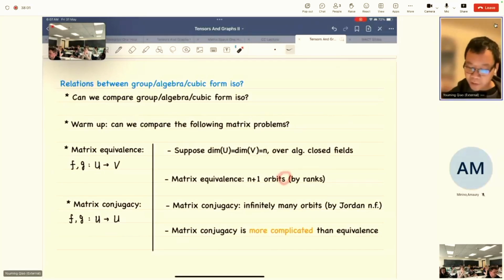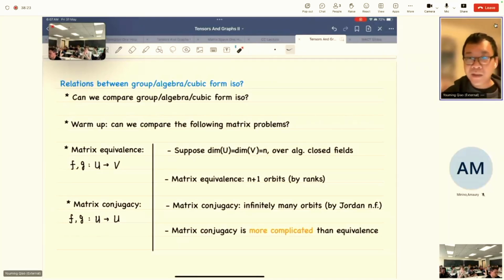Here you have finitely many orbits. Here you have infinitely many orbits, and then you have also the Jordan block structures and so on. So at least in the matrix case, it seems you cannot have this containment relation between matrix equivalence and matrix conjugacy.